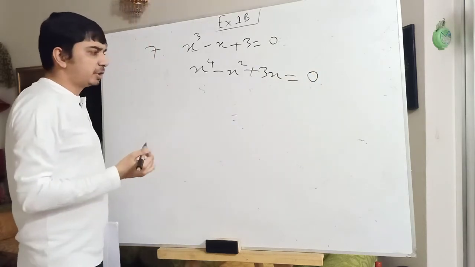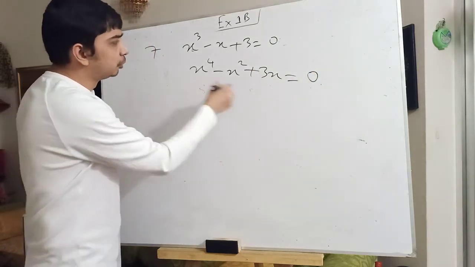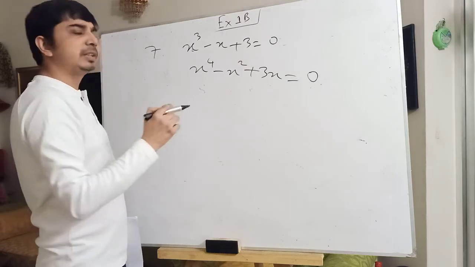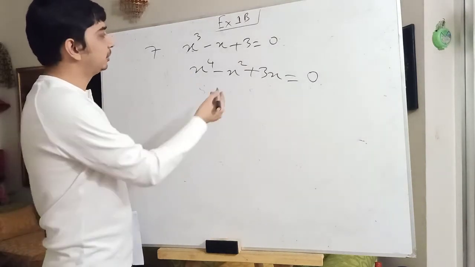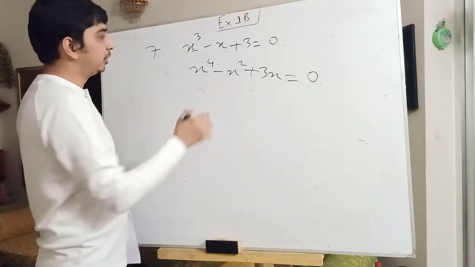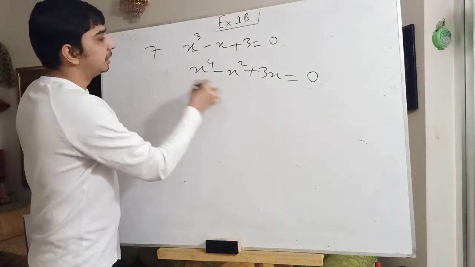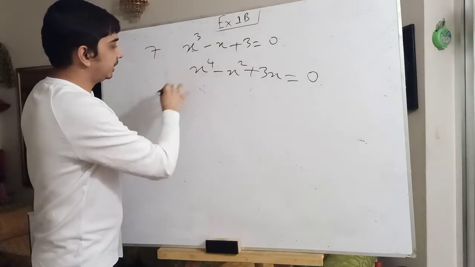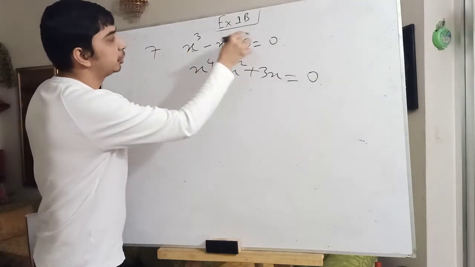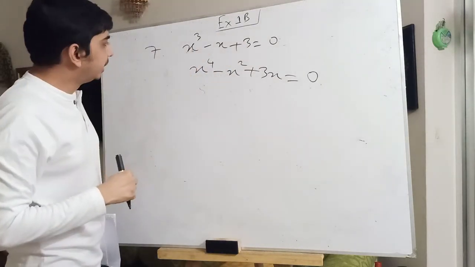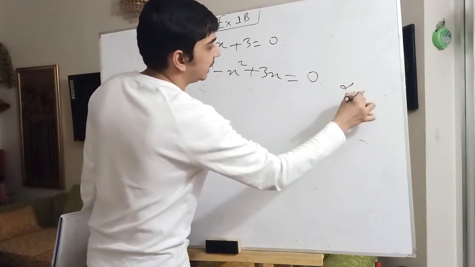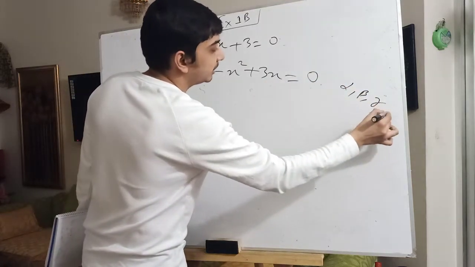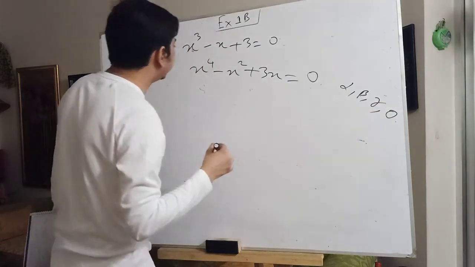This is a quartic equation, but the roots of this equation are the same as the roots of the cubic equation, only with one additional root, that is x is equal to 0. If I take x common over here, the inside is just going to be this expression. So the roots of this equation are alpha, beta, gamma, and delta, the fourth root, is going to be 0.